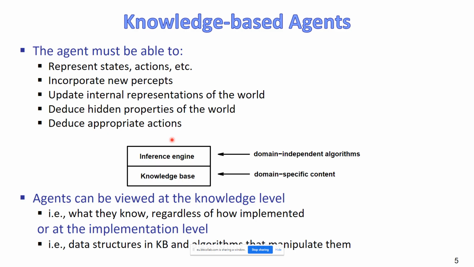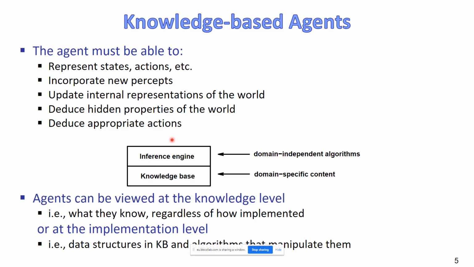For example, if I want to build an agent that has some knowledge about health, the knowledge base will have something like how many calories for each food item, whether this meal is healthy or not, things like that. What is the normal body temperature, things like that. So that will be domain specific. The knowledge base is always very domain specific. It has knowledge about a specific domain.